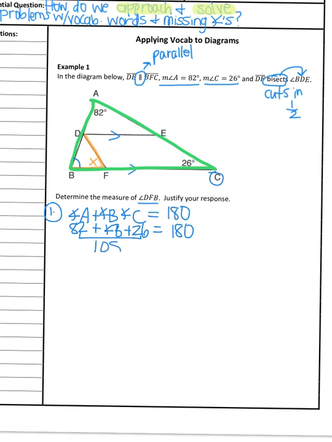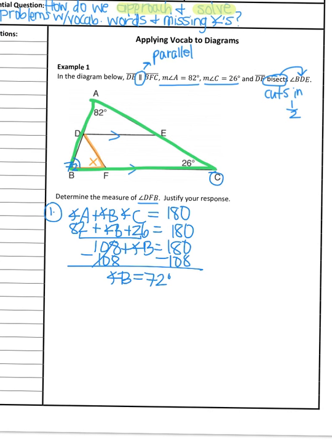So 108 plus angle B is equal to 180 degrees. Subtract your 108 from both sides, and we get angle B is equal to 72 degrees. Okay, so I'm going to come over to my diagram and plug in a 72 degree angle right there. So now I've got my third angle of that bigger triangle.